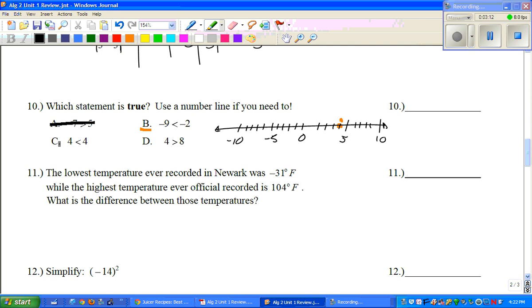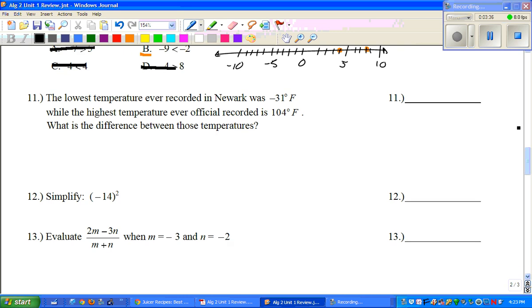No, it's not less than, it's the same number, so it can't be C. So then the last one that we have to do is D. Is 4 greater than 8? No. So hopefully you're saying no to that. So our answer for this is B.